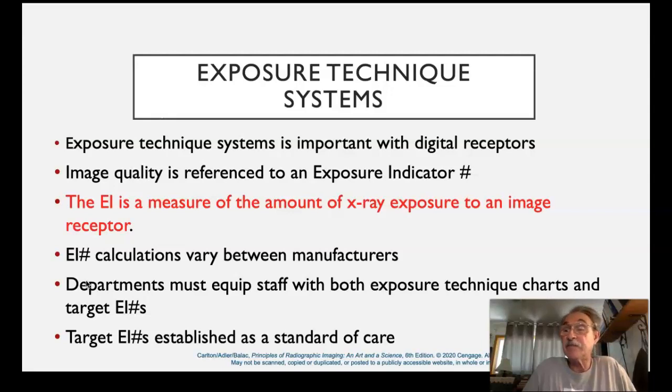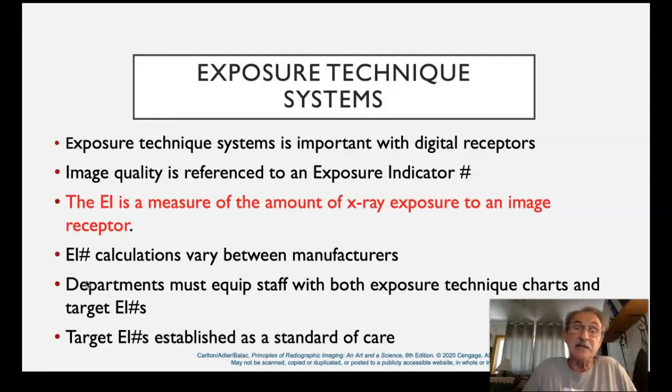Kodak Carestream has exposure index numbers where the optimal is about 2,000, and that's directly proportional. Numbers above 2,000 indicate too much exposure. Numbers less than 2,000 indicate not enough exposure.